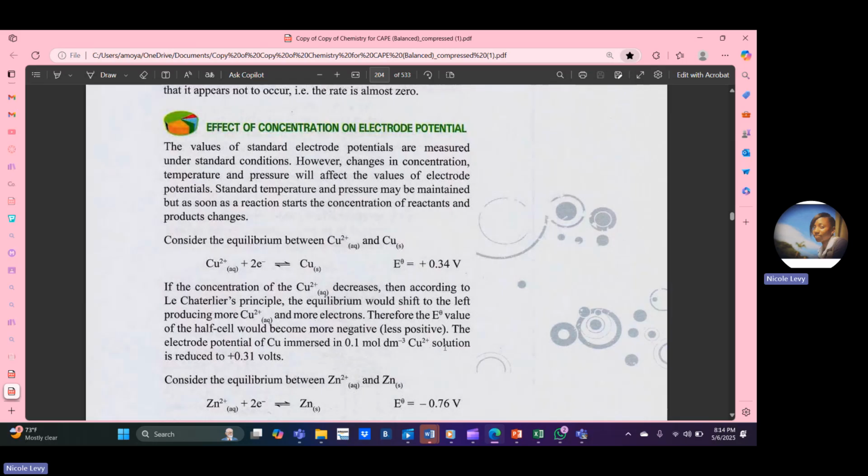So, the effect of concentration on electrode potential. The values of standard electrode potentials are measured under standard conditions. However, changes in concentration, temperature, and pressure will affect the values of electrode potentials.